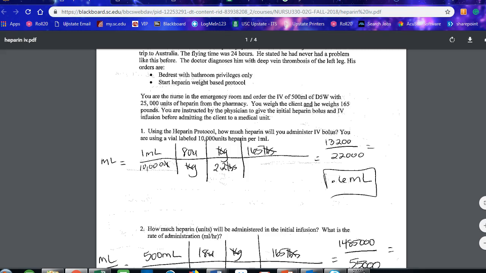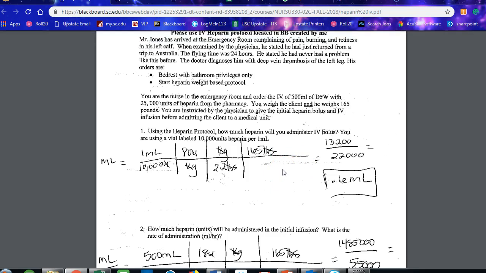We cross out all of the things that we can. Our pounds cross out, our kgs cross out, and our units cross out, so the only thing left is mLs. We get 13,200 divided by 22,000, which will equal 0.6 mLs. So that is our answer for this first question, 0.6 mLs.